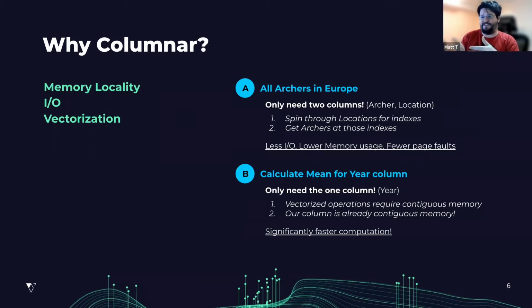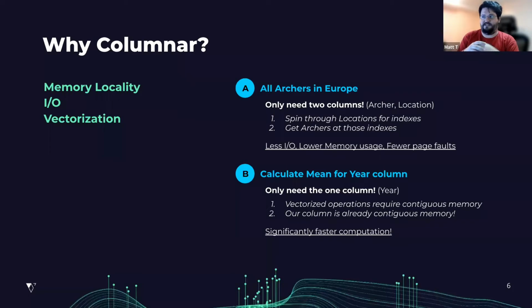With memory locality, the idea is you have to traverse less memory to perform operations. So, for example, if you wanted to get all the archers in Europe from that previous table, you only need 2 chunks of memory. You don't need to read every single row. You don't need to read the entire table just to answer all archers in Europe.